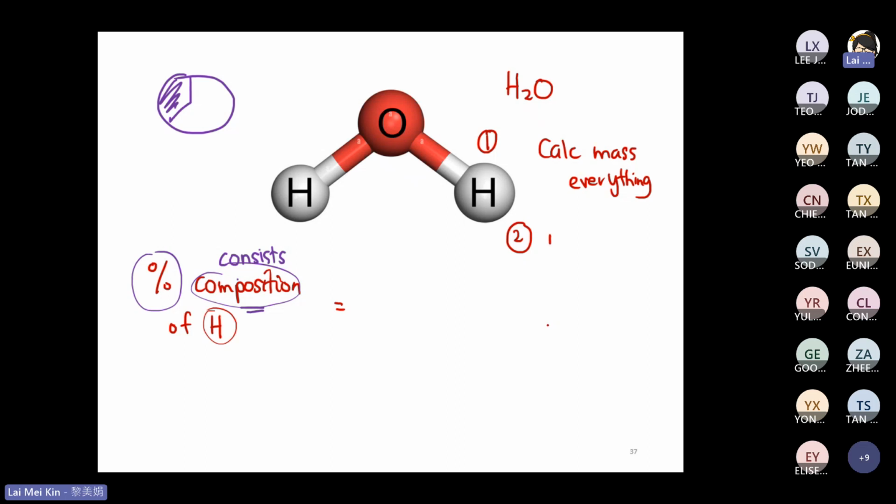So we divide the mass of hydrogen atoms by the mass of the whole molecule and multiply it by 100%. Because we have two hydrogens, each hydrogen has its own mass. I use the mass of hydrogen divided by the whole mass. Then I know how much hydrogen is in everything. And then I multiply by 100.